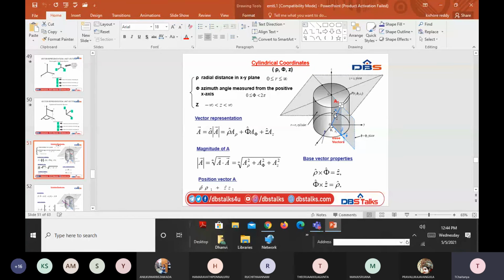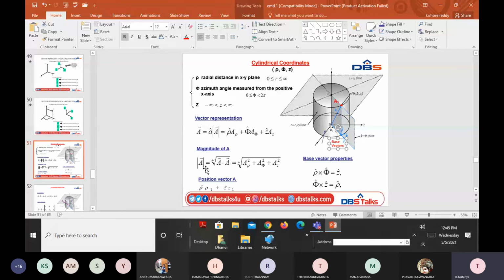The point can be represented as P of r, phi, z. This is phi, the azimuthal angle from the x-axis to the radius of the cylinder. You can draw a vertical line and meet the point P here. So this is a three-dimensional diagrammatical view for recognizing the point representation.